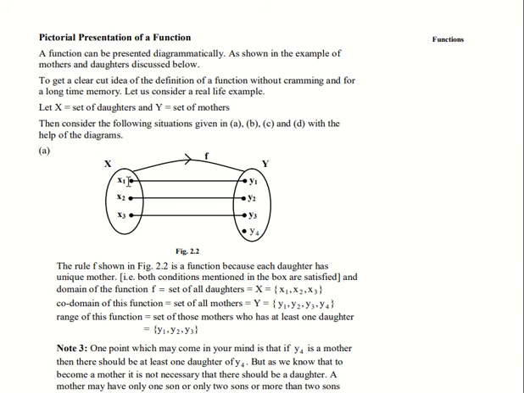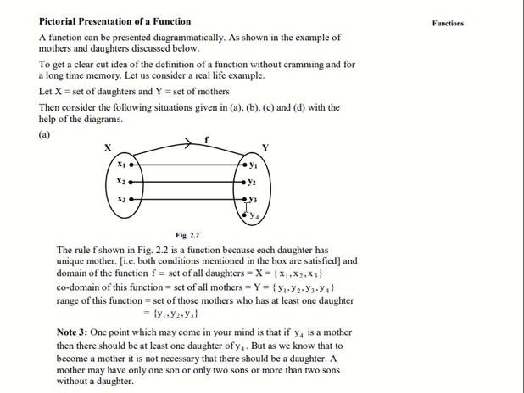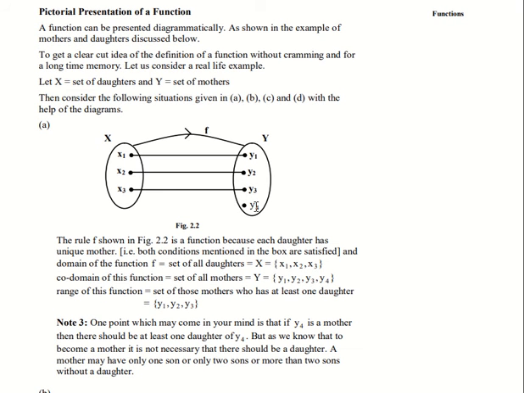Because, relating to real life, every daughter should have a mother, correct? So x1 being a daughter has a mother y1, x2 has a mother y2, x3 has a mother y3. Now y4, that's mother number y4, does not have a daughter, and that is okay because you do not have to have a daughter to be a mother. You could have one son, two sons, three sons without a daughter, you could still be a mother.